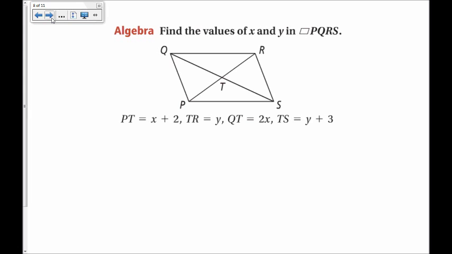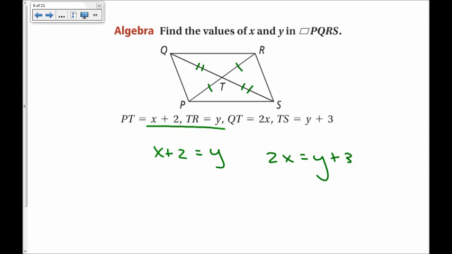So here is a problem that uses that idea. PT is congruent to TR. So these are congruent. And QT is congruent to TS. Okay, so 2x is equal to y plus 3. Now we have x and y in both equations. Okay, so we have a system of equations which you've learned about last year. And one way to solve this is by using substitution.